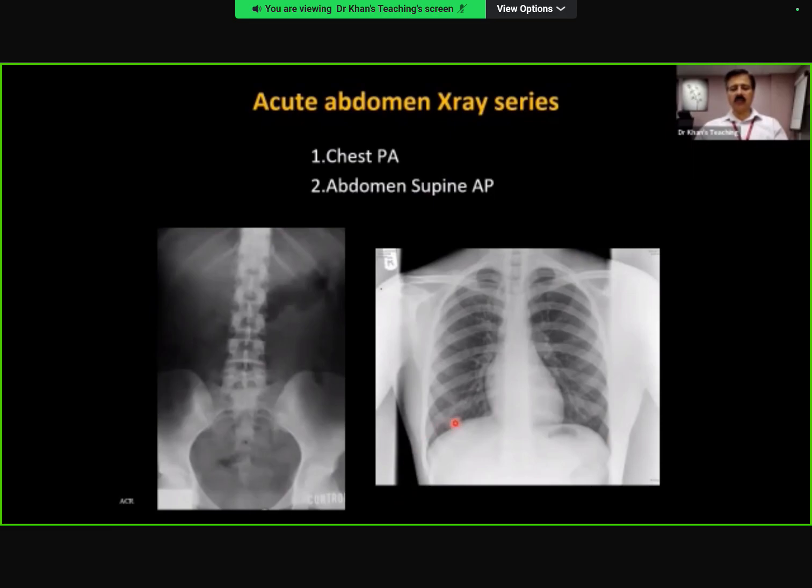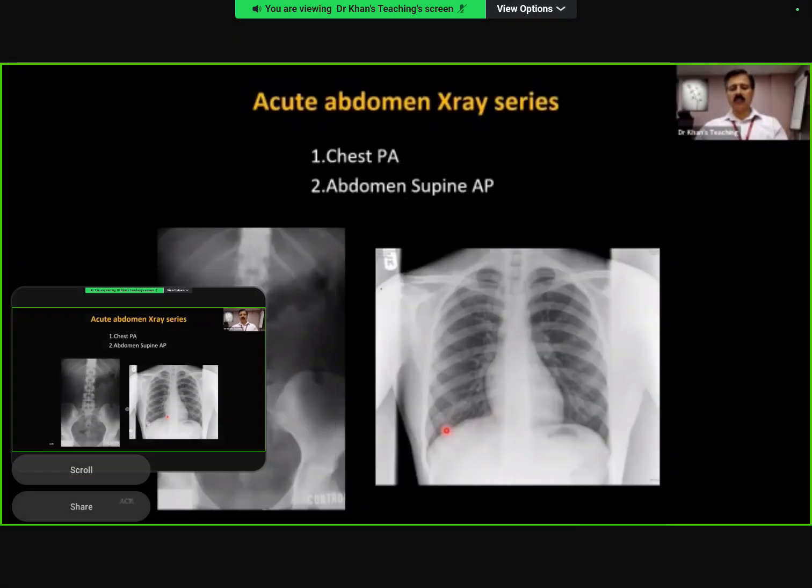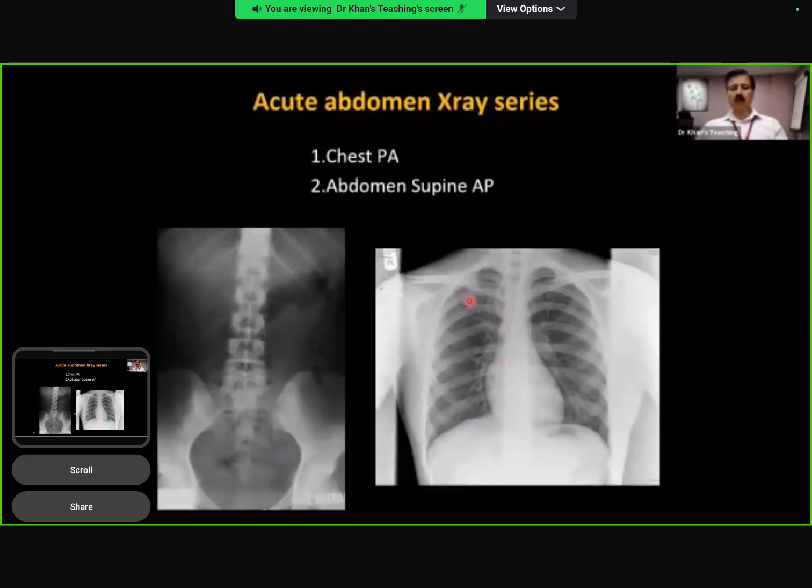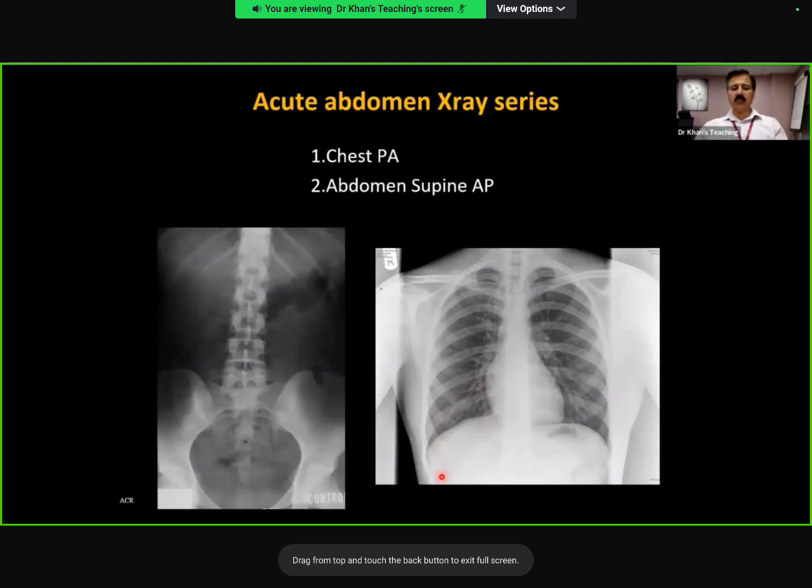So a classical exam question is, this is a suspected patient of pneumoperitoneum. The patient is not well enough to stand. The patient cannot take an erect chest X-ray. What will you do? This is a classical viva scenario. You will say, I'll do a CT. They will say, no, CT is not working. What will you do then?